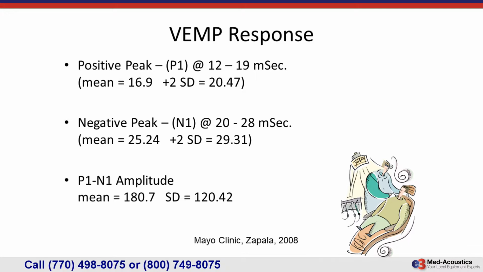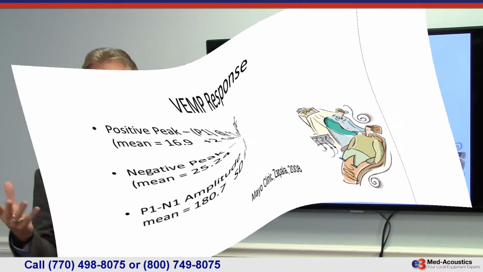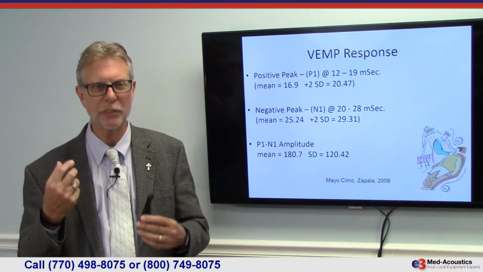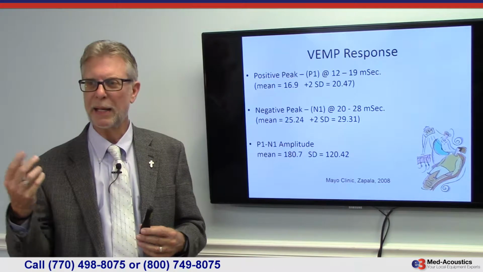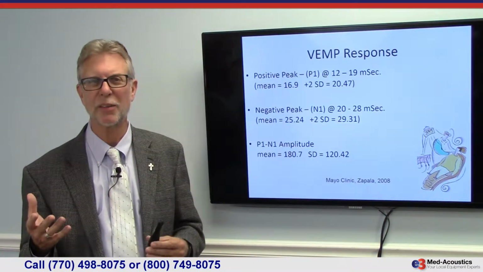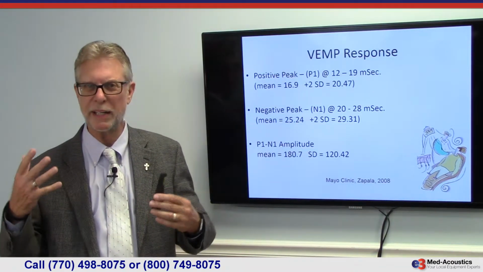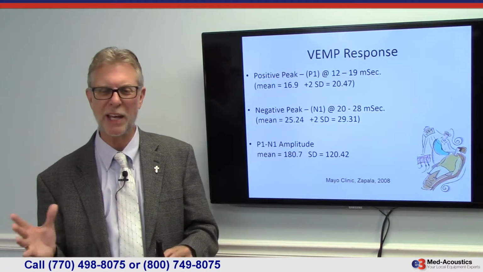I had a class once at Auburn that I was doing in electrophys, and we were going to demonstrate to the students a cervical VEMP test. And I looked at the students, and I saw one student who was very muscular. And I asked them what they did, and they said they were in the ROTC. They got up early in the morning and did push-ups and everything else, ran 5 miles.